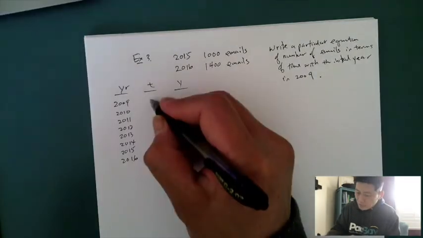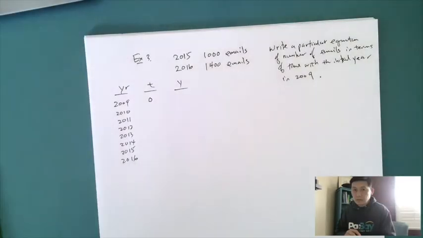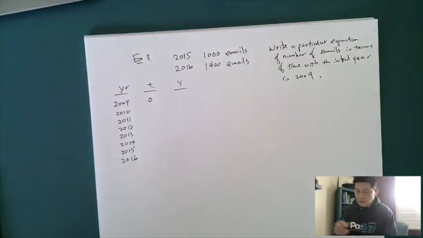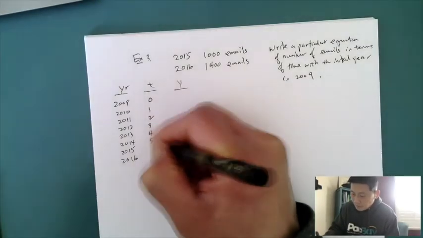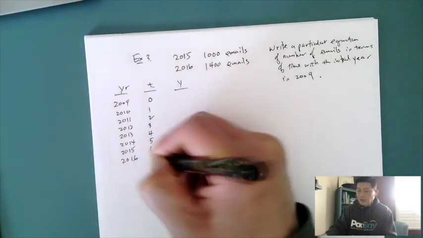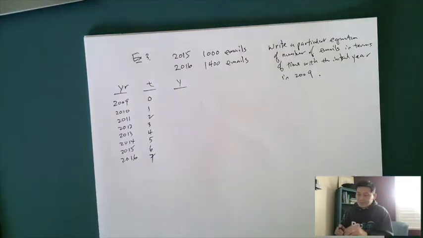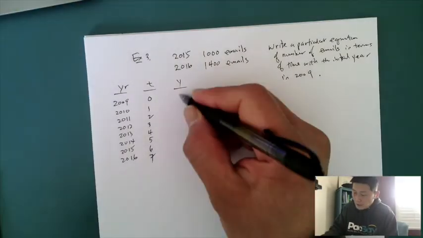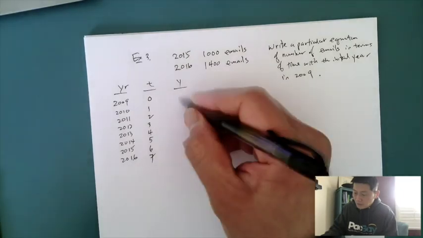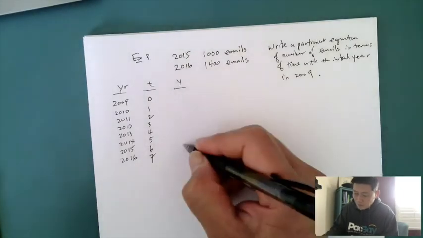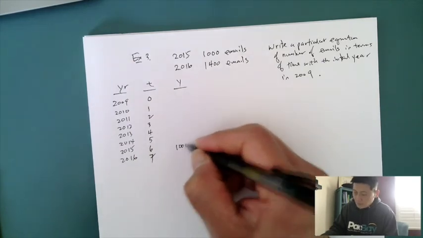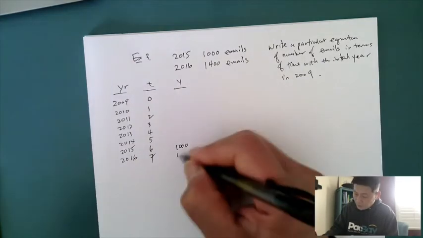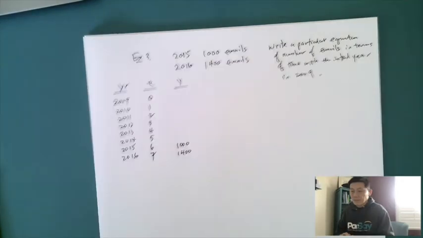So year 2009 will be year 0. Then 1, 2, 3, 4, 5, 6, 7. Okay. And I have no idea what these values are all the way until year 6, right? T equal to 6, which gives you 1,000, and the next year is 1,400.